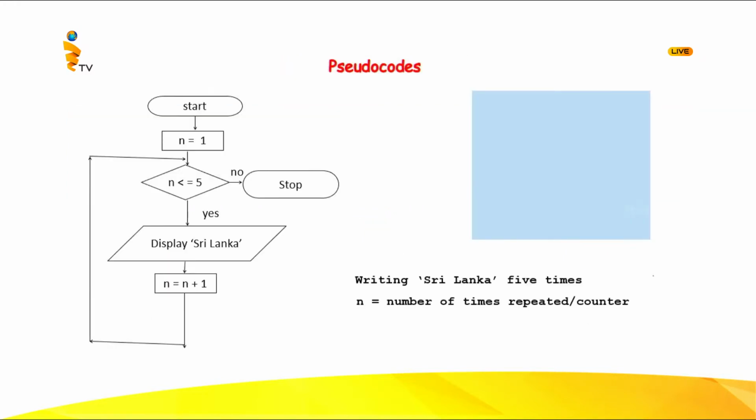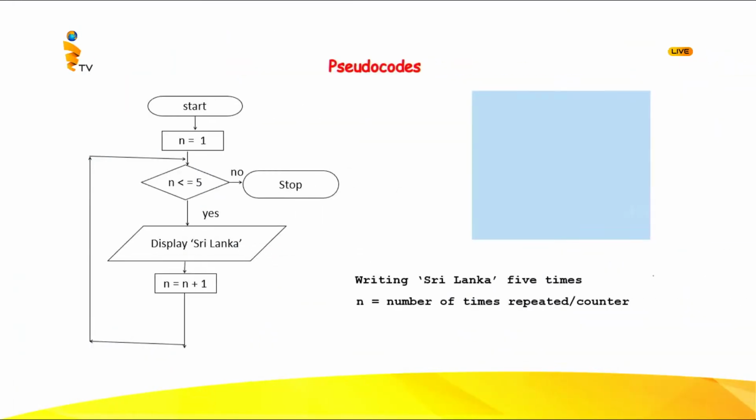Okay. First, this is the first instance I am going to talk about. Now look at the flow chart. You are given a flow chart. Let's go from the beginning. It's start, and here the question is you have to display Sri Lanka 5 times. Now first I have put n equals 1.